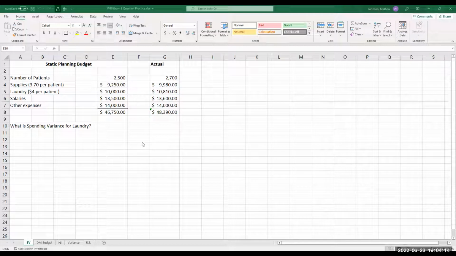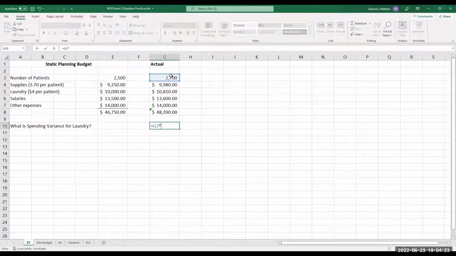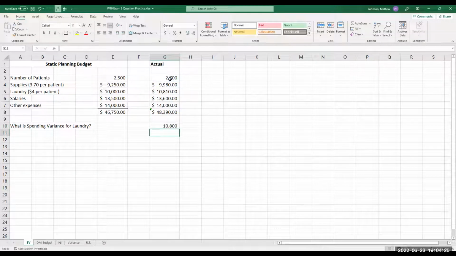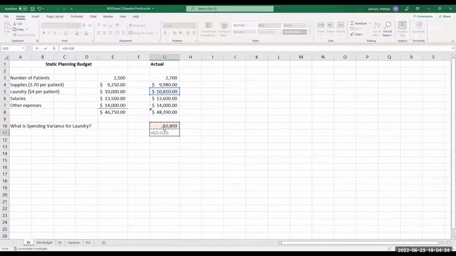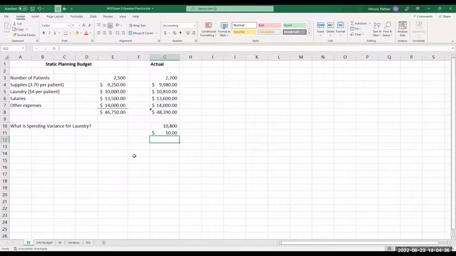Sure. So I took the 2,700 actual patients and multiplied that by $4 per patient for laundry. And then subtracted the actual 10,810 minus the 10,800 and got a variance of 10. Yeah.